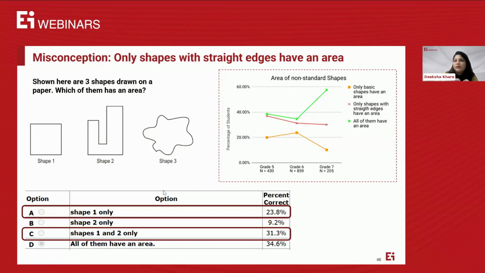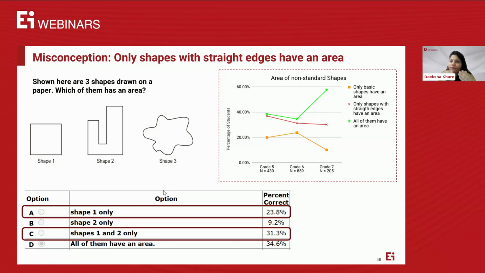That is why the red line is upper in the graph, in the band between 20% to 40%. Even at class 7 level, almost 30% of students think that only shapes with straight edges have an area. That means even though the extent of misconception is decreasing, there are still a lot of students who have that misconception in each class.